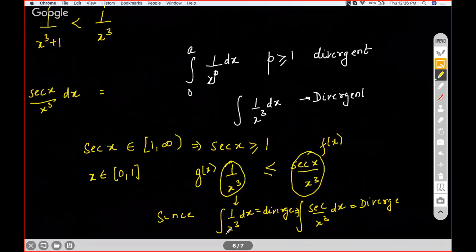But suppose you have a function where 1 upon x cube is greater than something by x cube, then you would still say both are diverging, right? No. If a function is greater than this, then we'll say this is diverging. If something is less than this, I cannot comment. That's the question that you actually asked me, right?